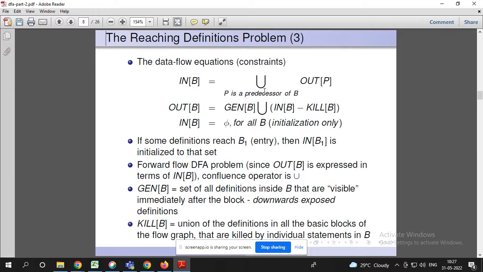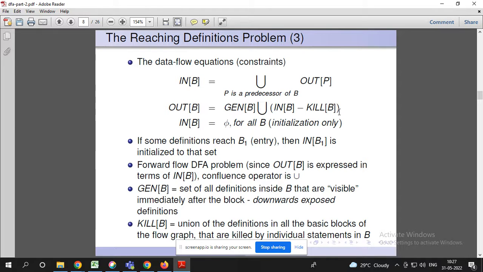Suppose a basic block B1 has a set of instructions, along with the previous instructions plus out of P. That is the union. What is out of B? It is the definitions generated inside the basic block, union what came into the basic block, minus kill of B. I will tell you with a proper example.